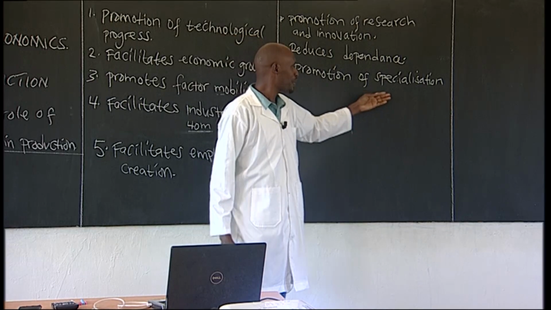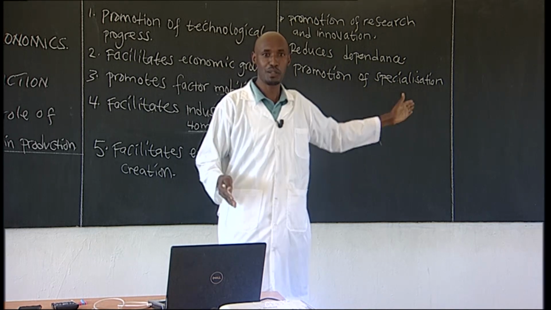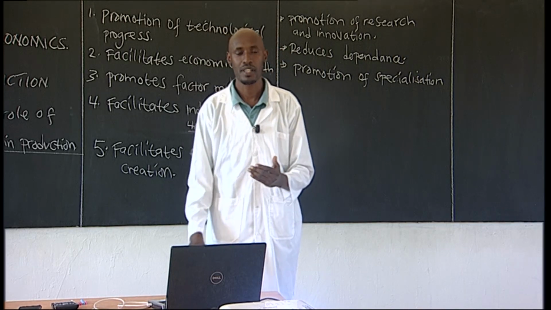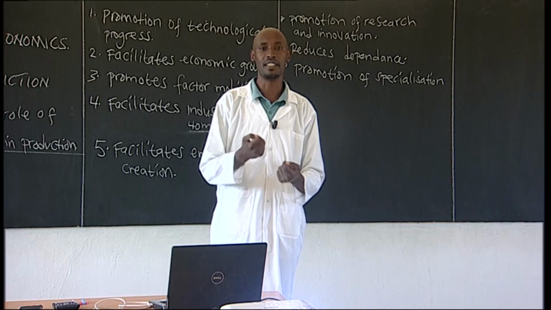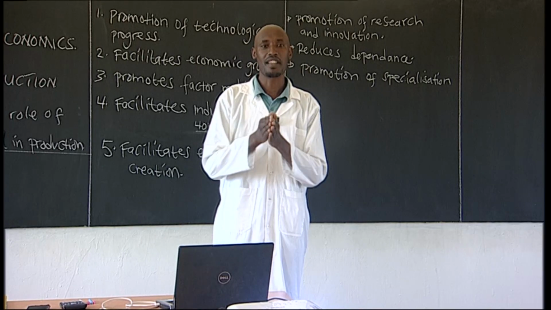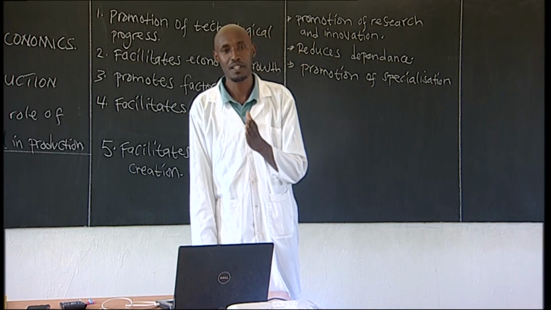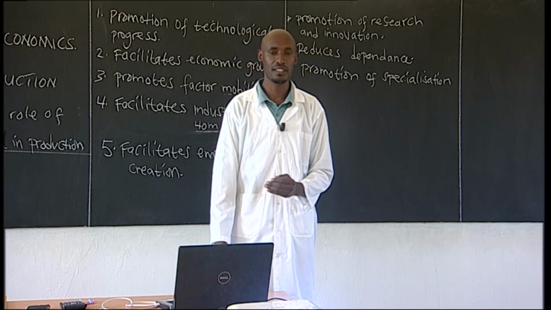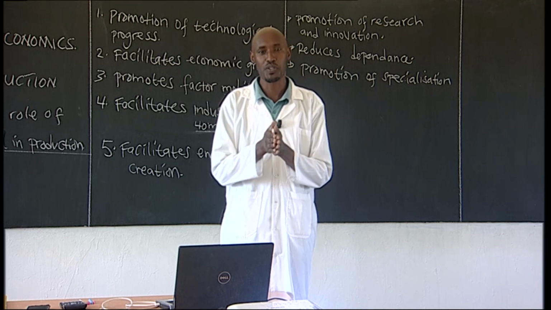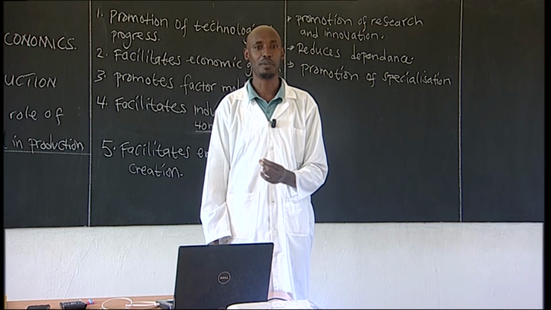Right. Now, under specialization, capital enables us to carry out specialization. For instance, let me talk of human capital. Someone is specialized in operating machinery. That's what that person will do. He will concentrate on working on machinery and he leaves the rest. An industry, if capital is available, can also decide to produce one product because capital is available.